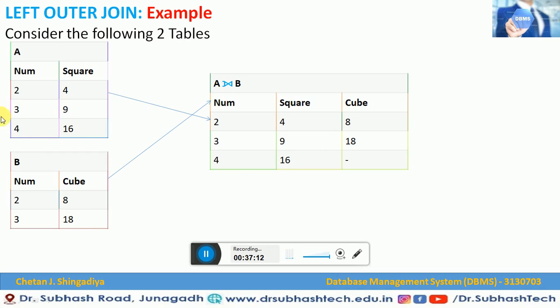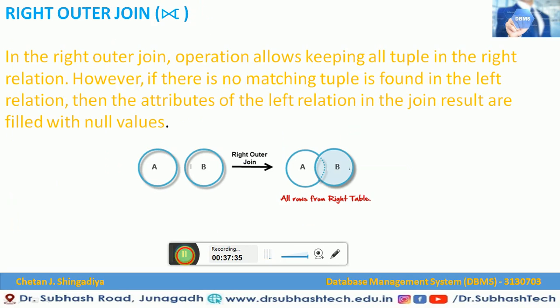Here there is no matching tuple for num 4, so that particular record is represented by a dash. You can write down null values also according to the definition. So after executing the left outer join, the output of both relations will look like this. This is a simple understanding of the left outer join in relational algebra.